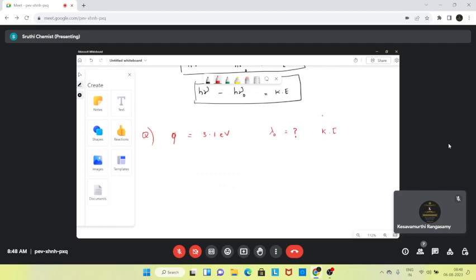And they are asking for the kinetic energy too. The electron is emitted by radiation of 300 nanometer. So the kinetic energy of the electron, lambda is given, which is 300 nanometer. Which formula can we use? Will you people think for 2 minutes?